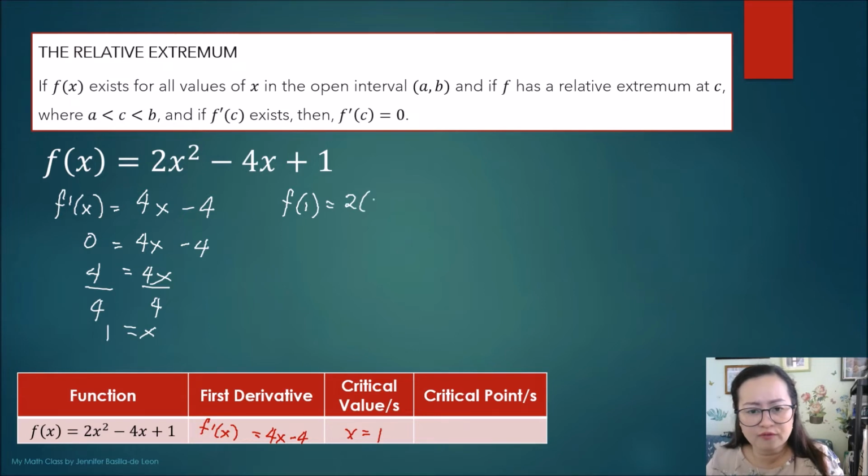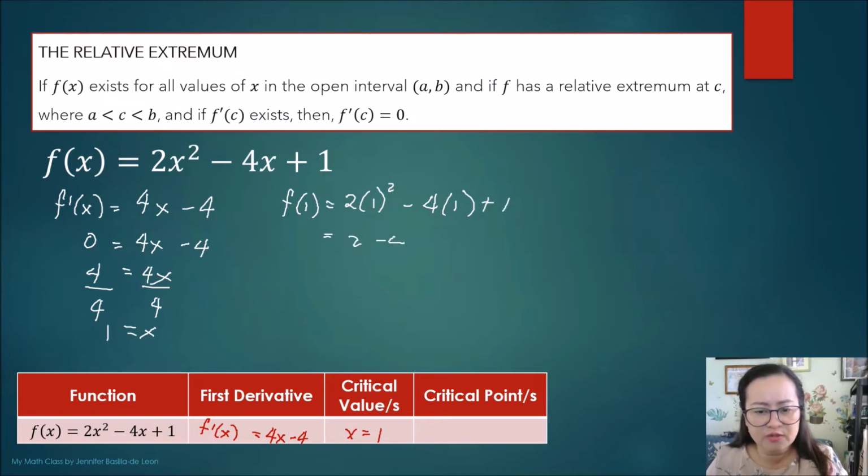So we will have 2 times the square of 1 minus 4 times 1 plus 1. Simplifying this, we will have negative 1. So therefore, the critical point is (1, negative 1).